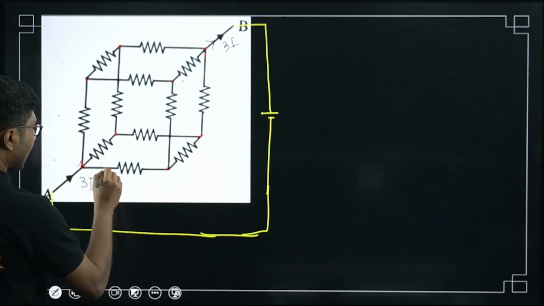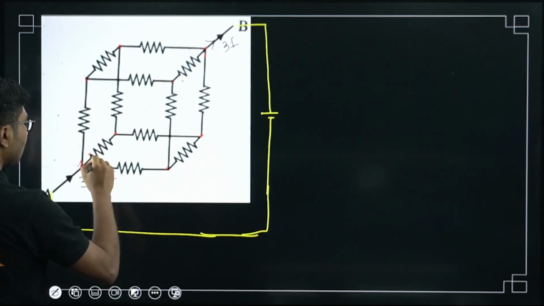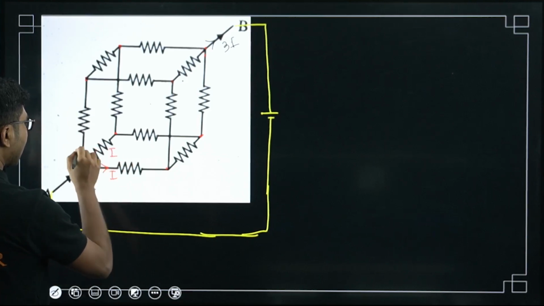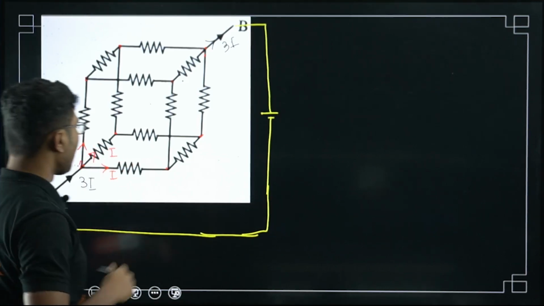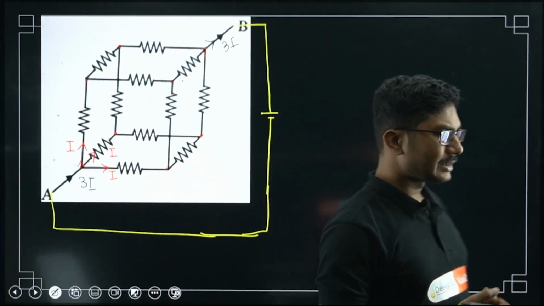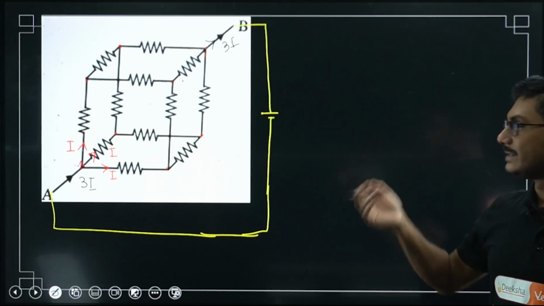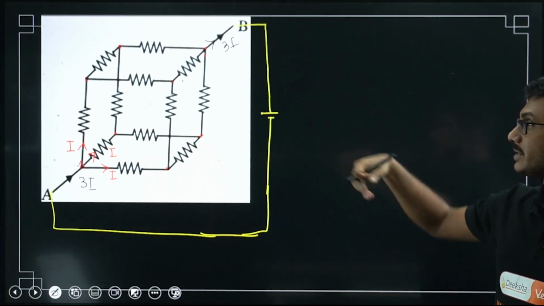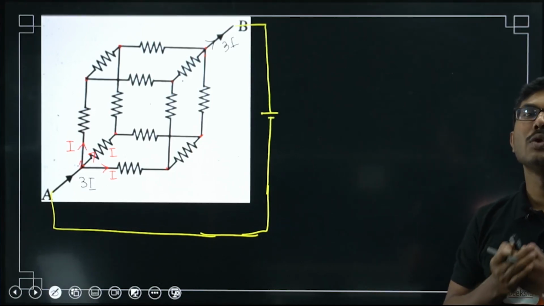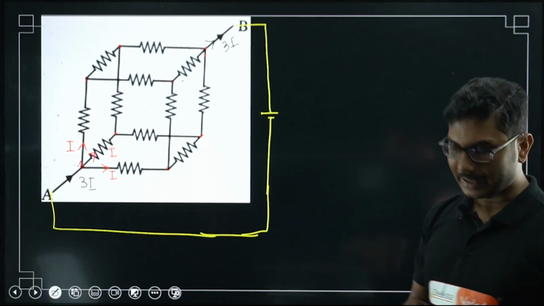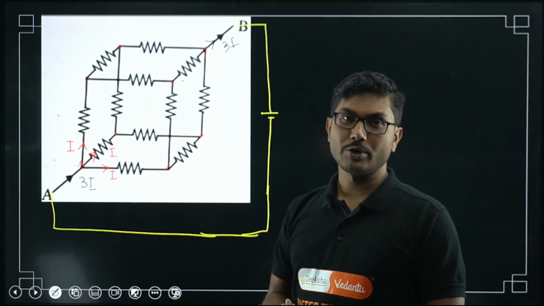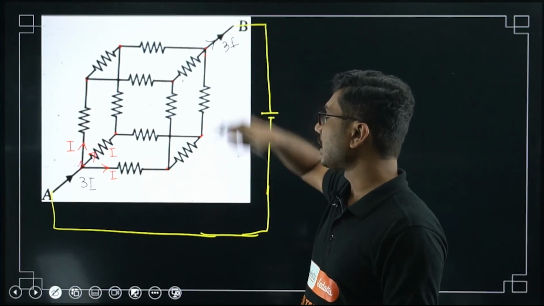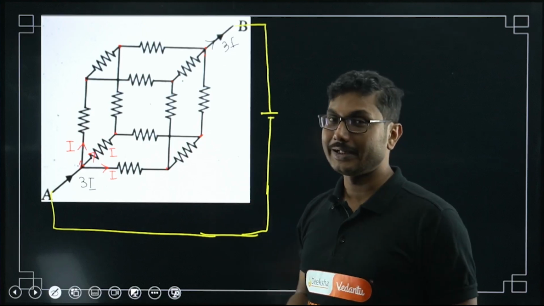So this will be I, this will also be I, and this one will also be I. You should remember this trick: if the circuit is equiresistive and all the resistances are the same, the current divides in equal amounts. That is a very short trick that you have to remember. Because the path is the same, the current will be divided into the same part.